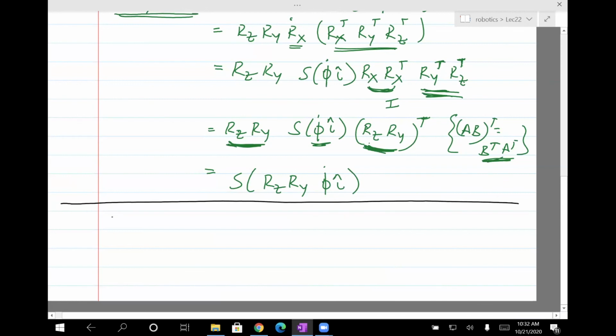So now I can write S of omega equals 1 plus 2 plus 3.